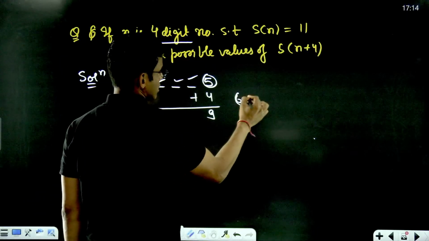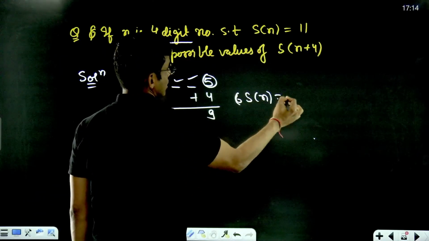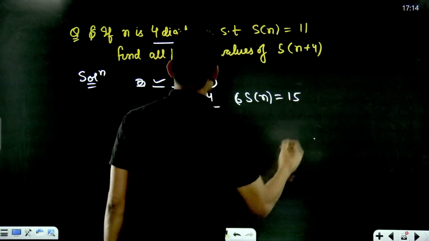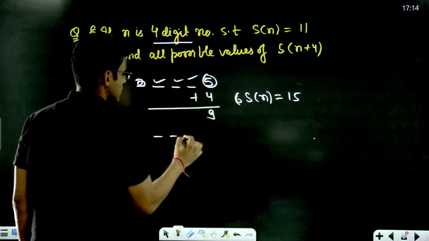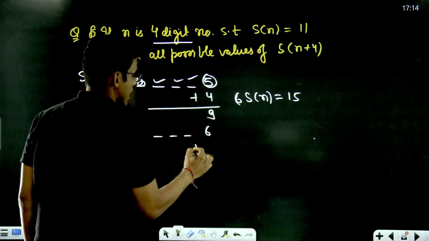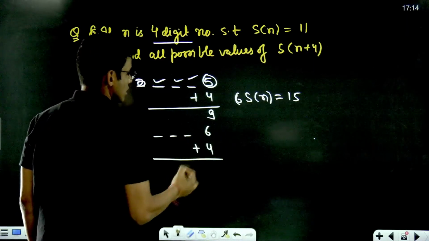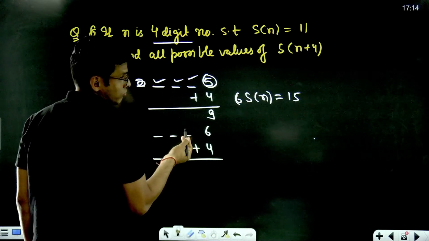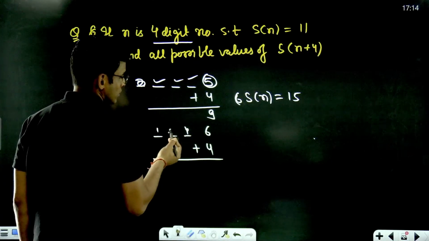So in this case, your S(n+4) is 11. But if the last digit is something like 6 and you add 4, the digit cannot be 9.